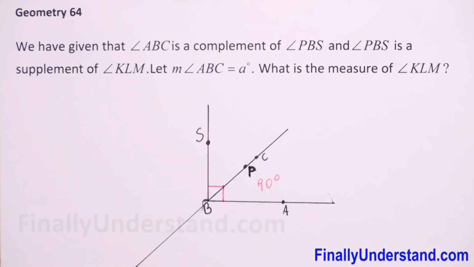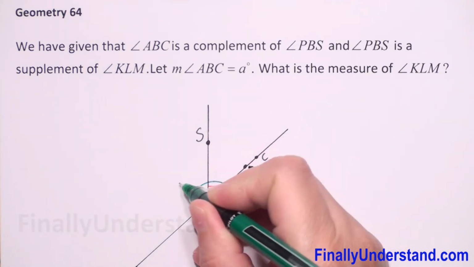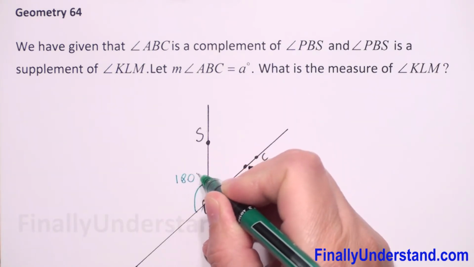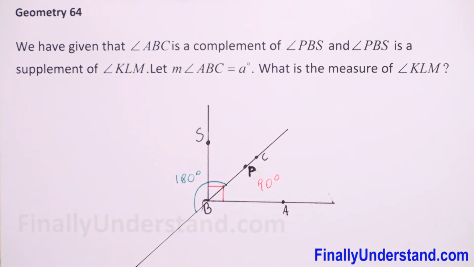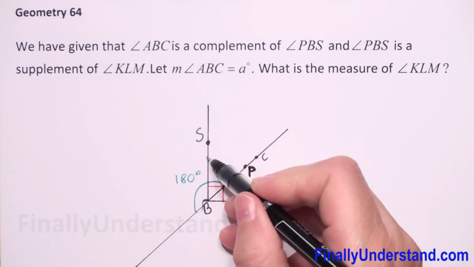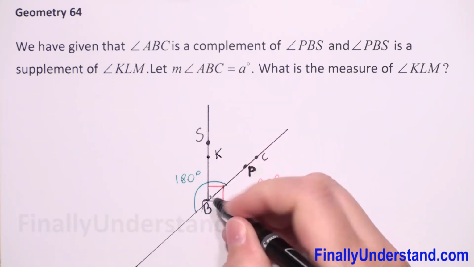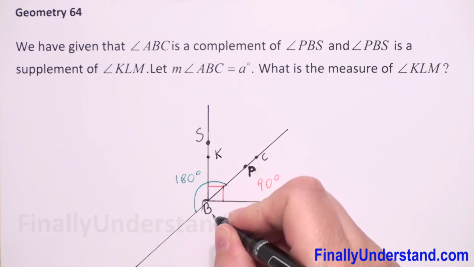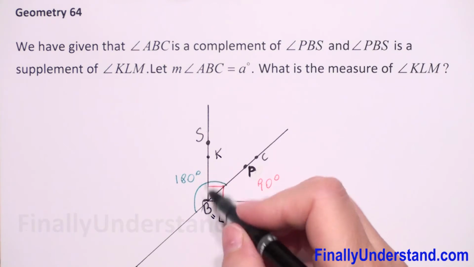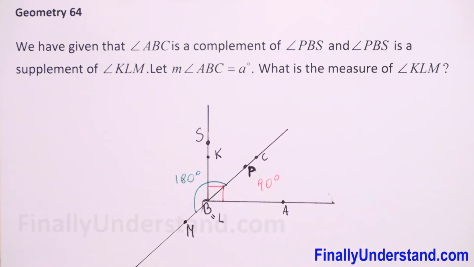Let's put this in green. This is our angle 180 degrees, and this is angle KLM.